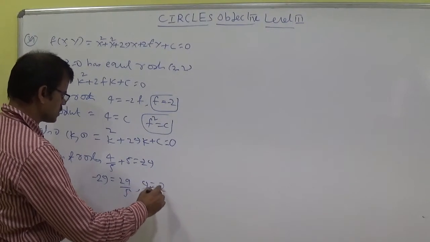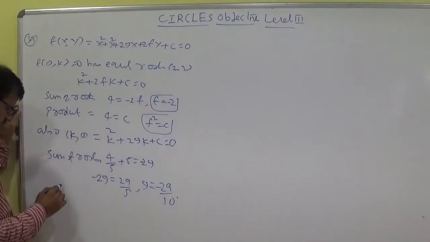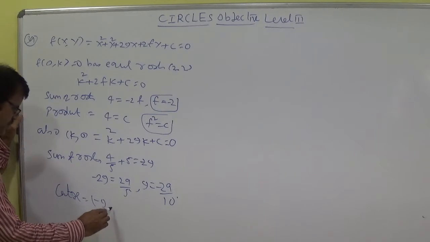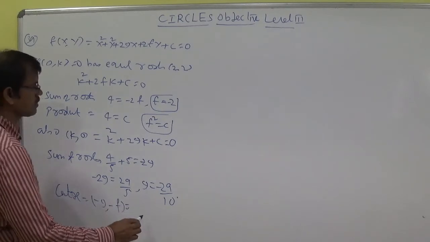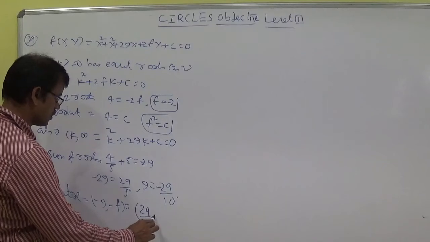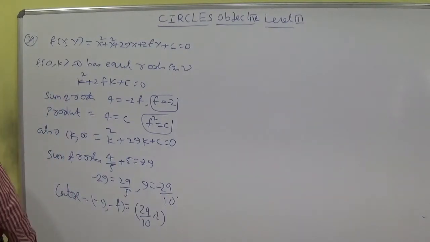So g is equal to minus 29 by 10. Now center notation: center is equal to minus g comma minus f. Minus g here is 29 by 10, and minus f is 2. So 29 by 10 comma 2 only, second option.